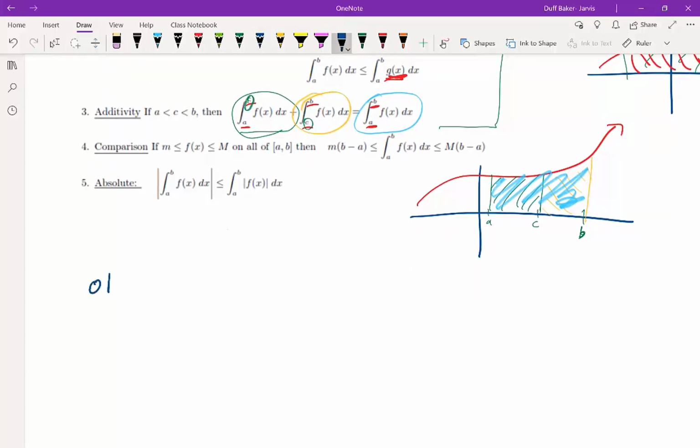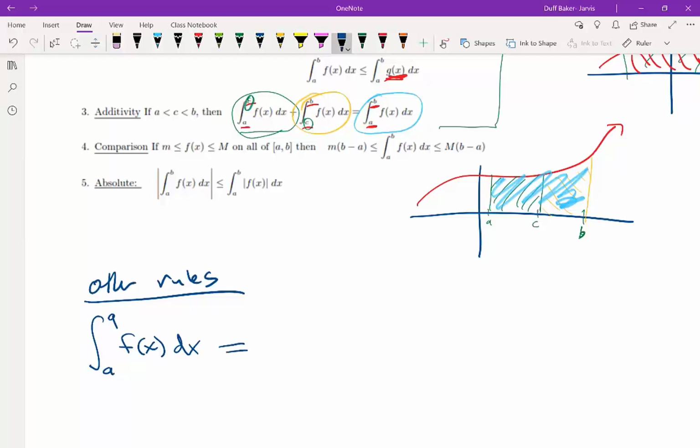So other rules. These are really consequences of the other ones, but they come up so often that it's just helpful to know. So the first one is if I ask about an area from one number to the same number itself.